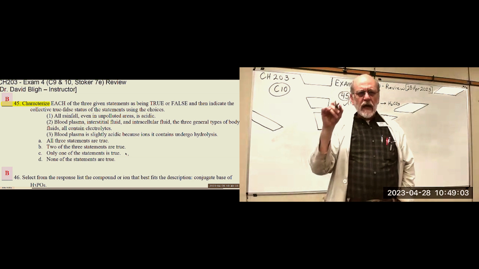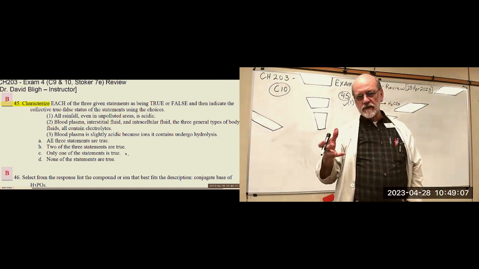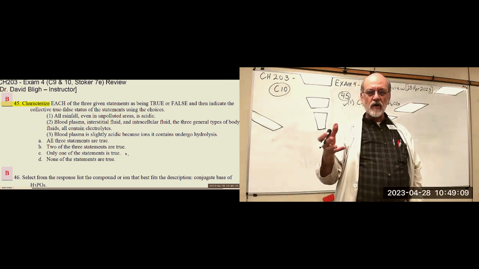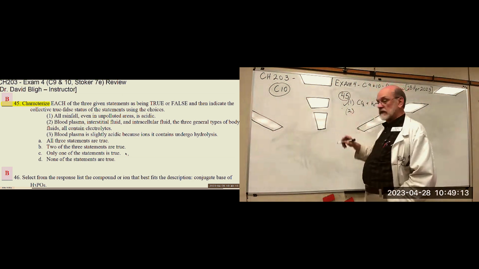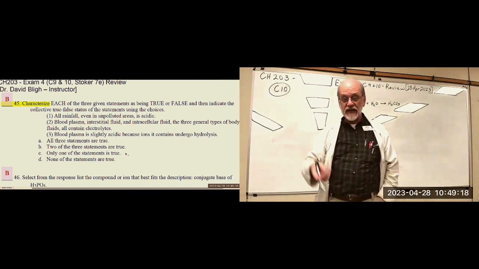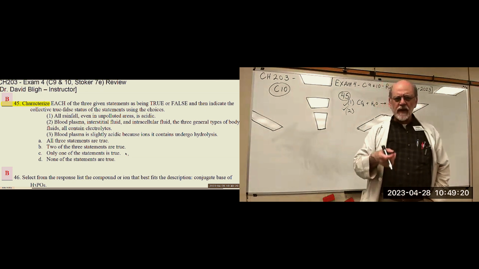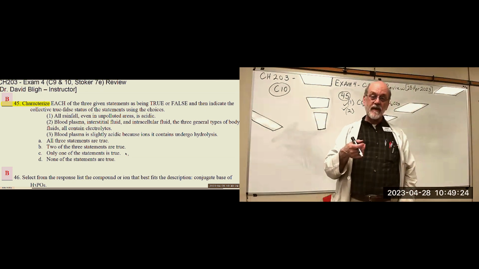2, blood plasma, interstitial fluid, and intercellular fluid, the 3 general types of body fluids, all contain electrolytes. That's true. Yeah, they do. They contain positive and negative ions. Those are electrolytes. 3, blood plasma is slightly acidic because ions it contains undergo hydrolysis.